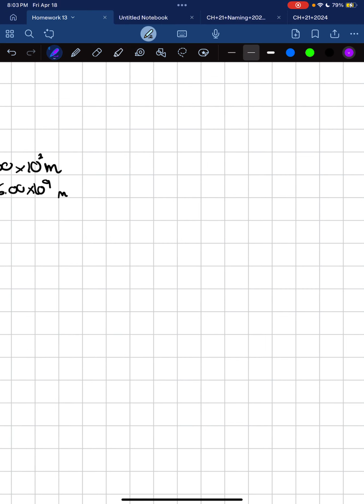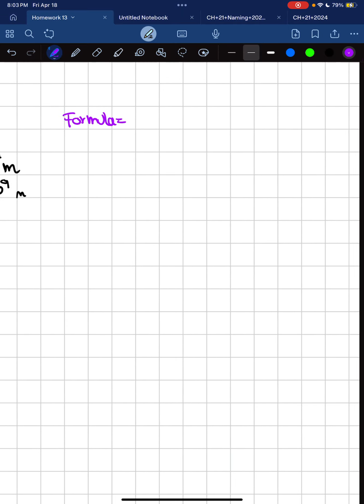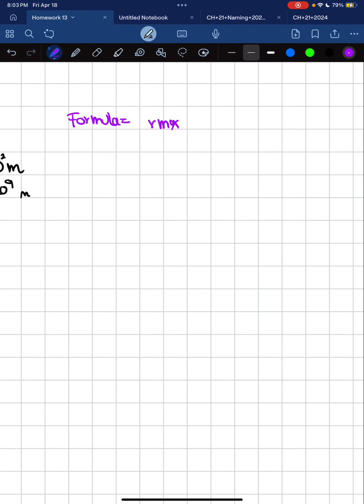So the formula that we're gonna use for this is the following. We're gonna use the formula radius maximum plus radius minimum, all over 2. So let's go ahead and plug that in. So we have this right here, the scientific number over 2.